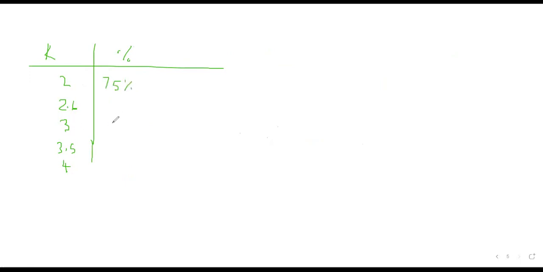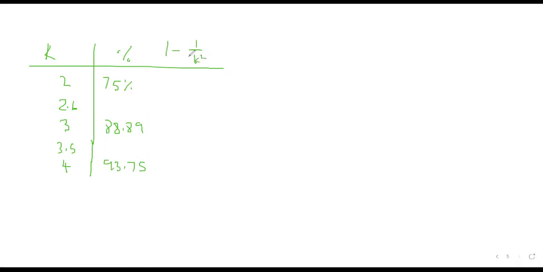What was our 3? 88.89%, correct. What was our 4? 93.75%. If you're not sure, you can manually calculate on your own. Our 2.6, we can calculate. Remember the formula is what? 1 minus 1 over k squared.